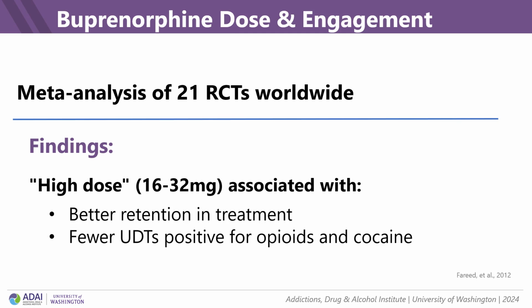First, we're going to look at this meta-analysis of 21 randomized control trials that was published in 2012. The findings showed that high dose, or buprenorphine doses between 16 milligrams and 32 milligrams, was associated with better retention in treatment and fewer urine drug screens positive for opioids and cocaine.